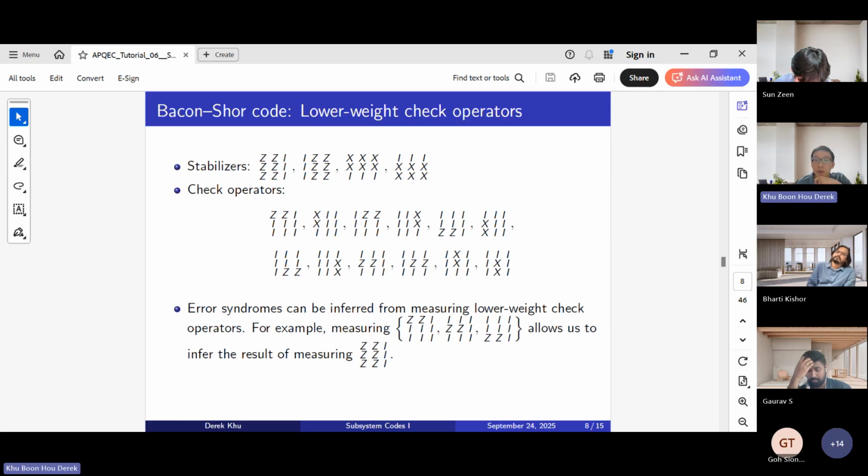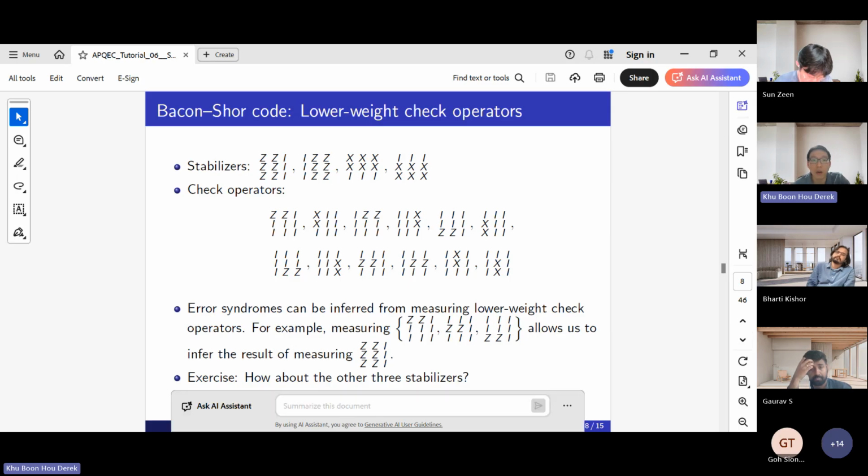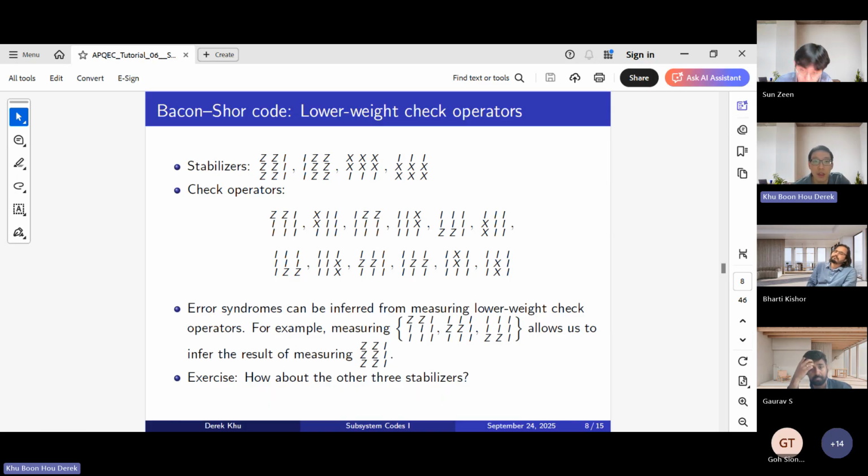And it is possible to do this for the three other stabilizers, and I'll leave it as an exercise for you to figure out how we would obtain the other three stabilizers from these 12 check operators. So effectively, these 12 check operators will be split into 4 groups of 3 operators.